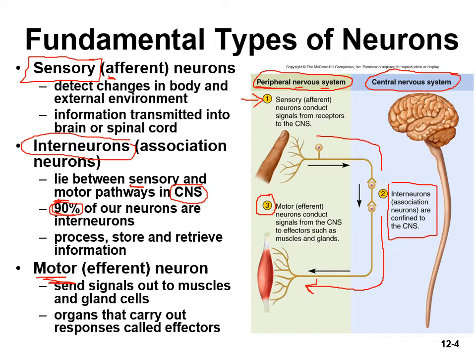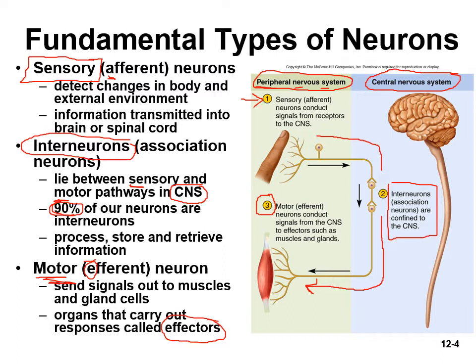So remember your neuromuscular junction that we discussed in a previous chapter? This would be part of a motor neuron communicating with your skeletal muscle that it's time to contract. The motor neurons are also called efferent neurons with an E because they are effectors. So they cause an effect or a response.